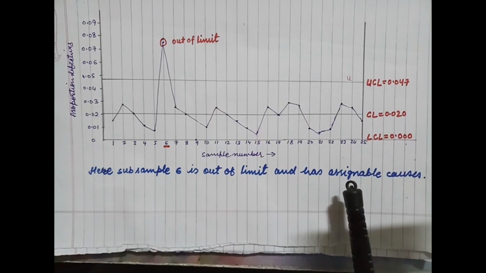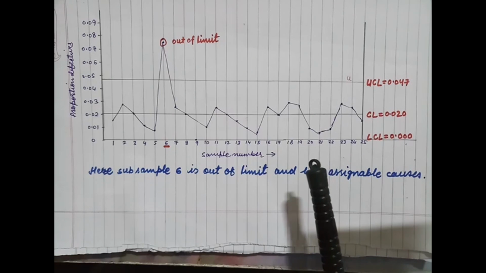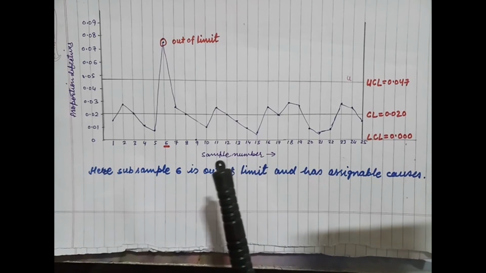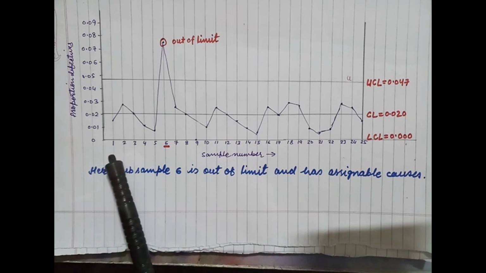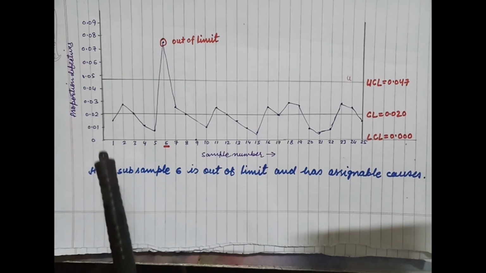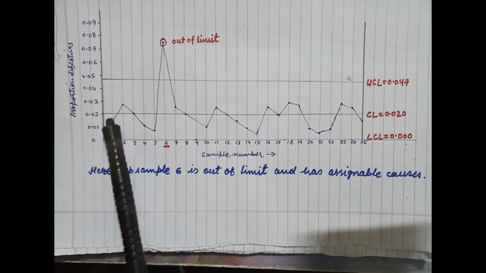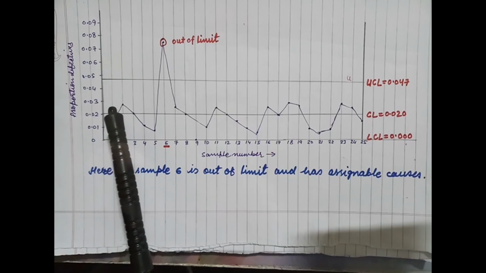And now we start marking the proportion defectives for each subgroup. Here the proportion defective in subgroup 1 is 0.016. We have marked it here. In 2, its value is 0.028.